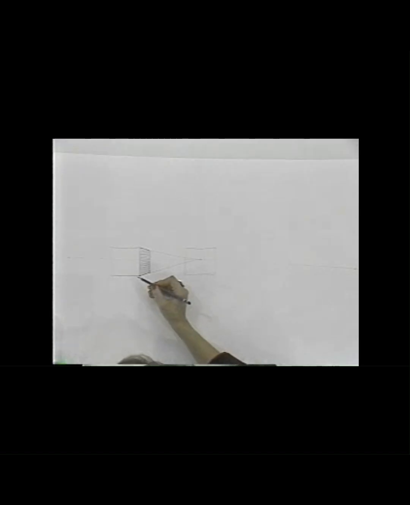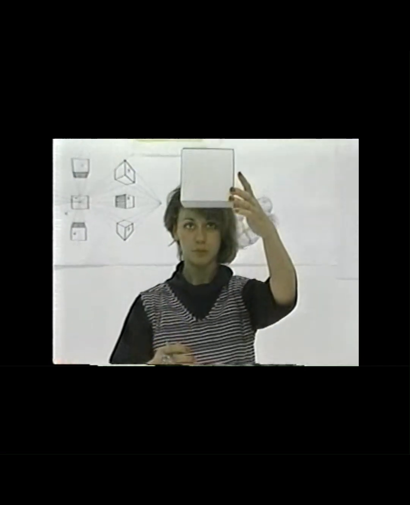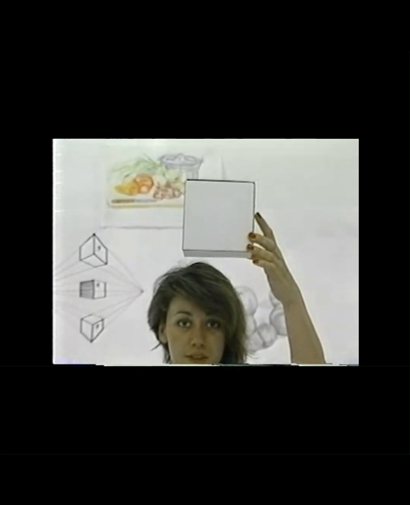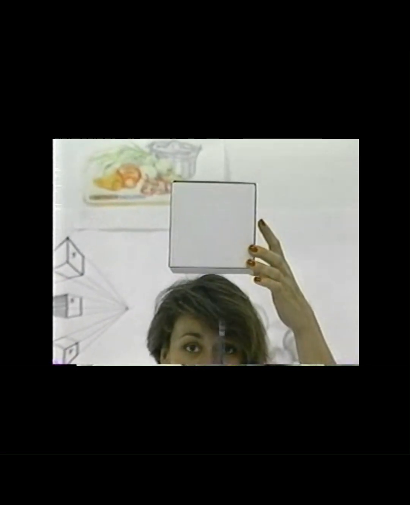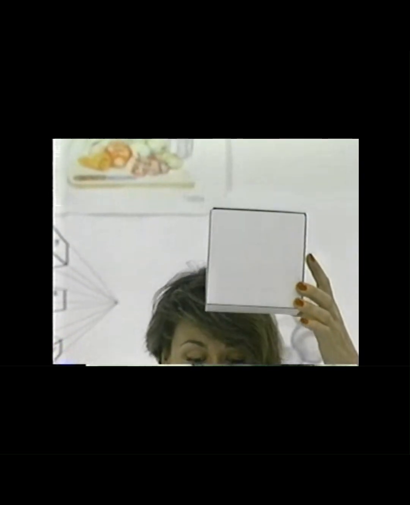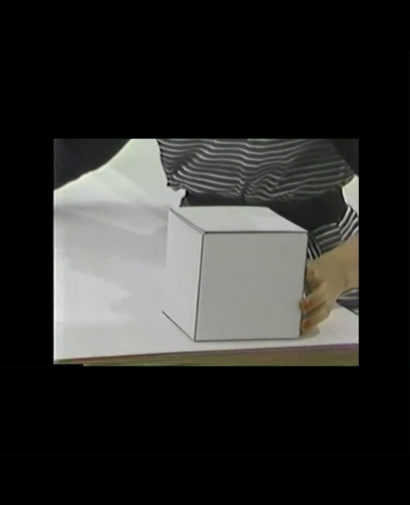Now, back to this cube. I'm holding it in front of me, and when I hold it up, you get to see the bottom side, still two sides because it's right in front of us. So we'll draw this. We'll draw the front side.